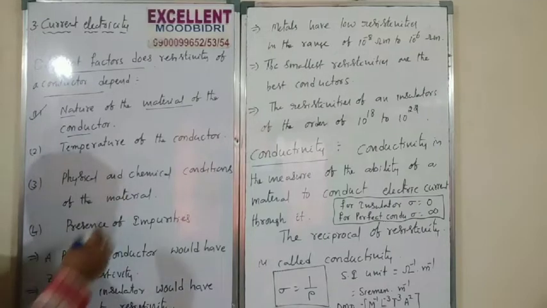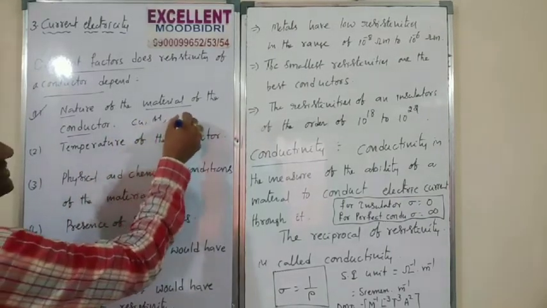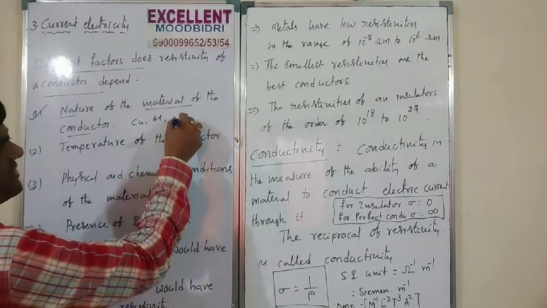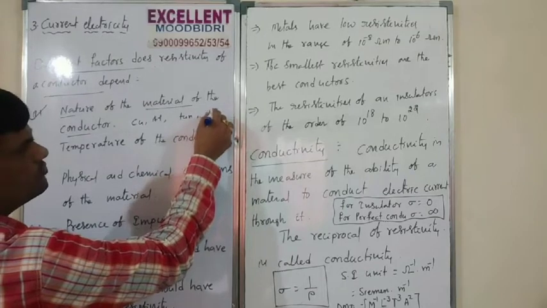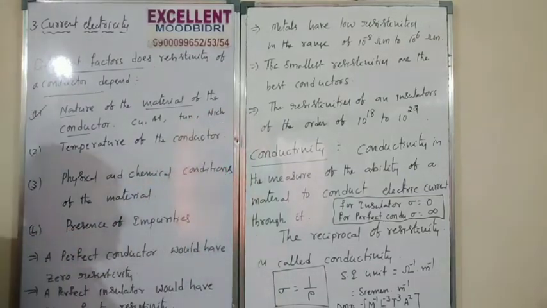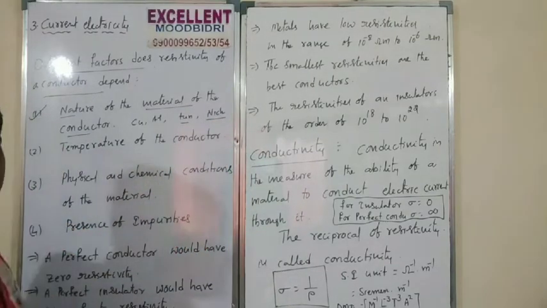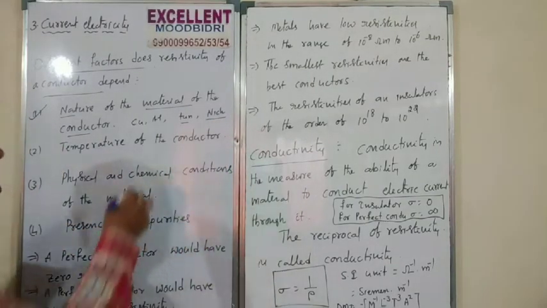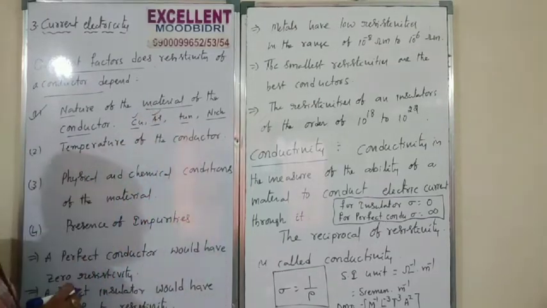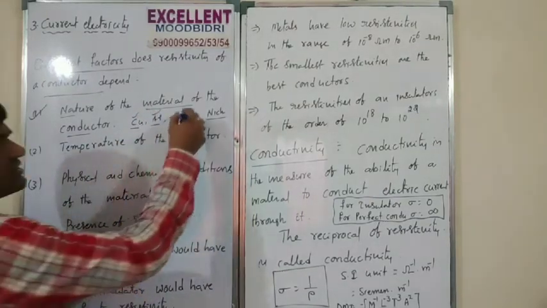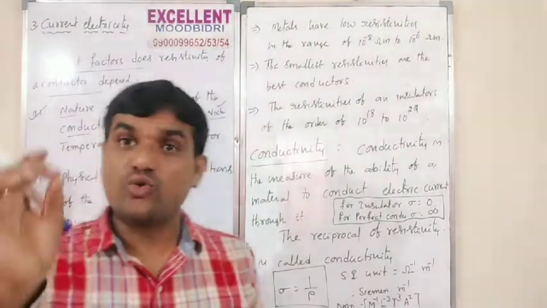Nature of the conductor, for example, copper, aluminum. Next, tungsten, nichrome. Tungsten and nichrome are good resistors compared to copper and aluminum, which are good conductors. So tungsten as well as nichrome, such conductors are good resistors.